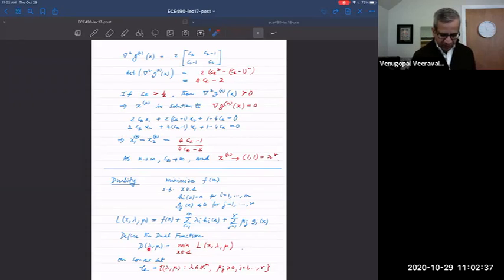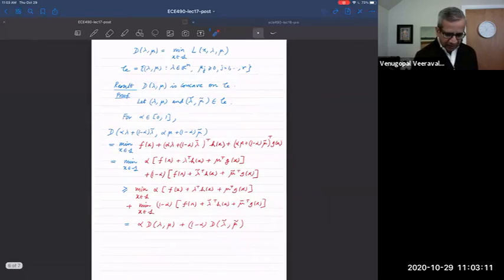And then what you're left with is a function of just the Lagrange parameters, and this is called the dual function. Of course, this dual function is defined for the equality constraint Lagrange parameters, which can be positive or negative, so they belong to Rm, but the ones corresponding to the inequality constraints are restricted to be non-negative, right? So this is the constraint set over which this dual function is defined.